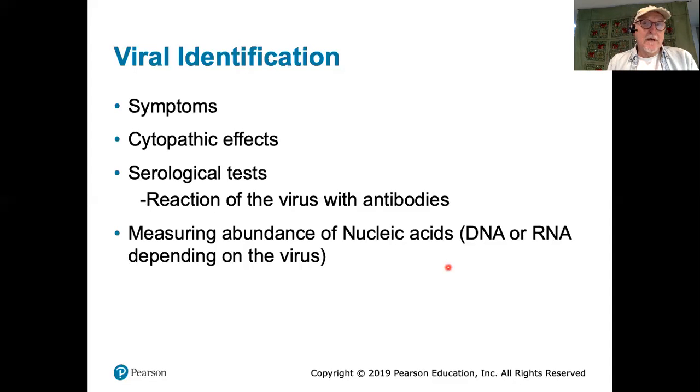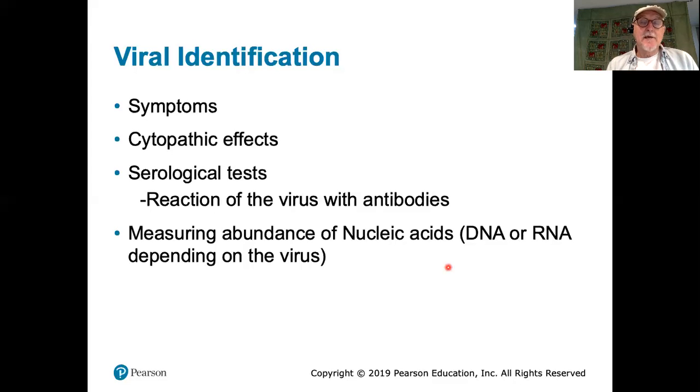We can mix them with antibodies which we've derived from some source. And remembering that antibody is exquisitely specific to a particular antigen, we can react particular antibodies with the virus and actually see an effect and be able to identify the virus that way.